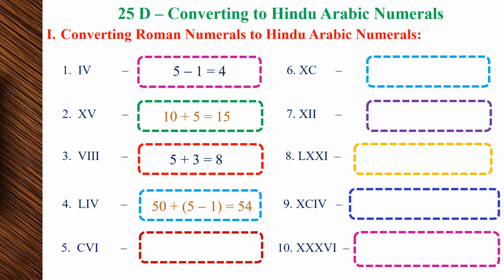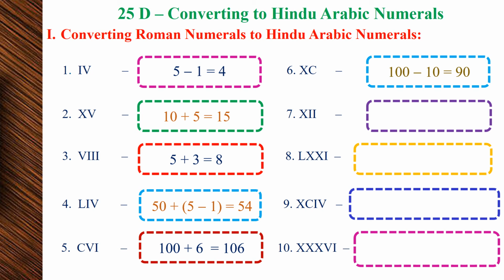CVI. Here we have to add. So 100 plus 6 is equal to 106. XC. What is the value for X and C? X is 10, C is 100. Here X is smaller than C. So 100 minus 10 is equal to 90.